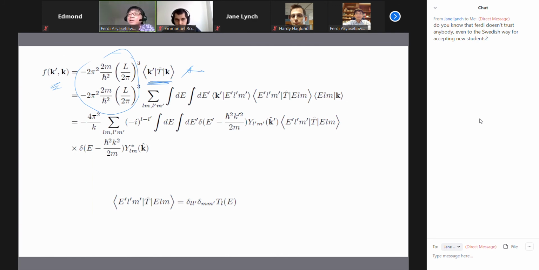Here we see why we need to know this momentum representation of our free particle states. So we insert a complete set here. So that's one. And this one also. And of course, we have to sum over L prime M prime and also integrate over E prime.